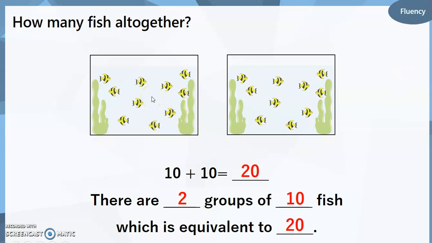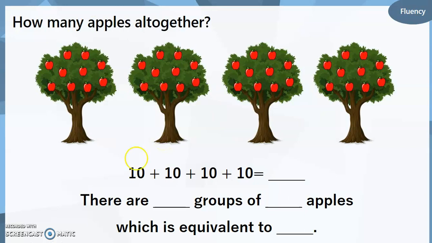So this is a multiplication skill of adding before you get used to getting your multiplication facts really quickly. 2 times 10 is 20. 10 and 10 is 20. And here, so we've got groups of 10 apples, 10, 20, 30, 40.